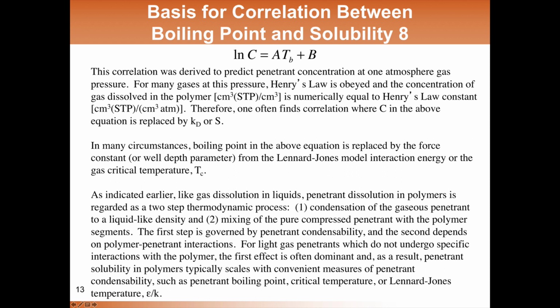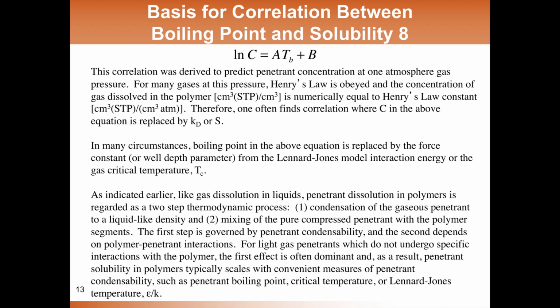However, C in this equation is often replaced by Kd or solubility, and often normal boiling point is replaced by either the well depth parameter from the Lennard-Jones interaction model or the gas critical temperature. It turns out that boiling point is proportional to the Lennard-Jones well depth, and the Lennard-Jones well depth is proportional to gas critical temperature, which is proportional to delta H of vaporization.